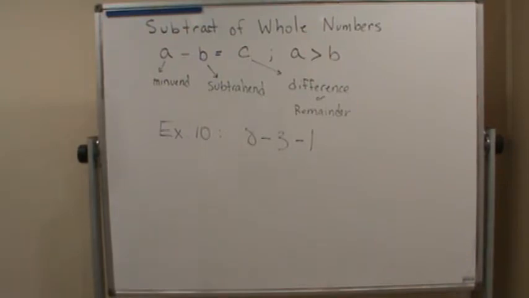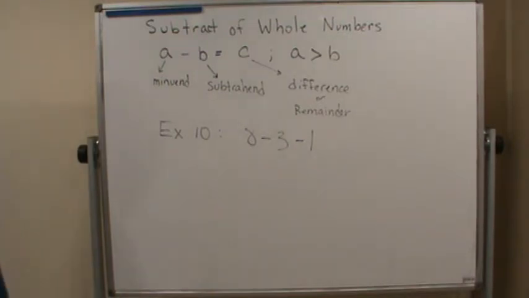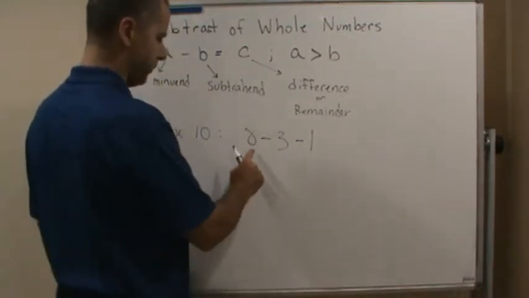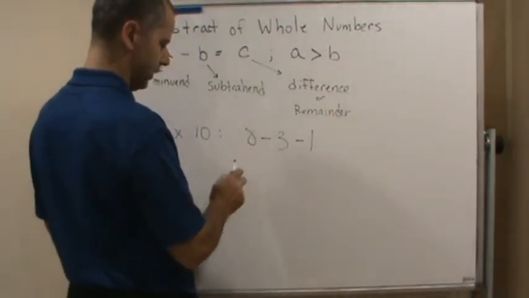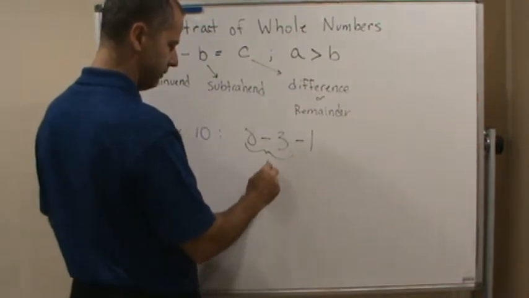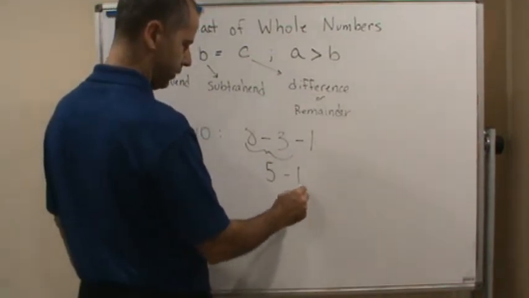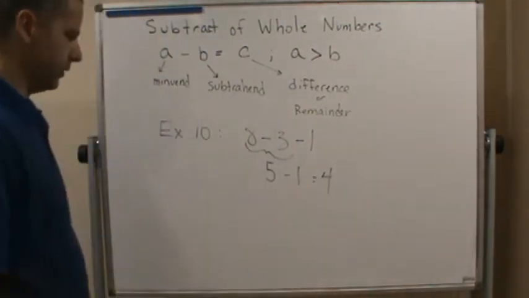And so again, because we're subtracting more than two numbers, we're going to go left to right. Okay, so we're going to first start with these two. So we're going to subtract 3 from 8. So if we do that, that's going to give us 5. And then we're going to subtract the 1, which gives us 4. And so the answer is 4.